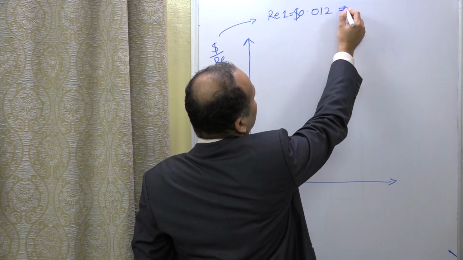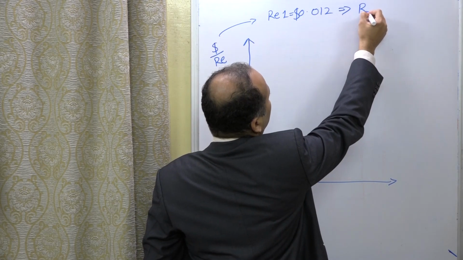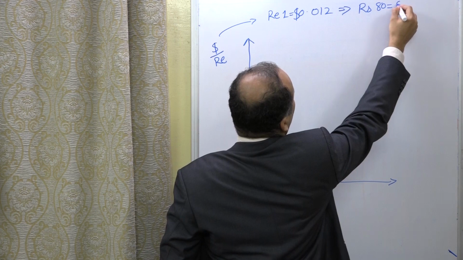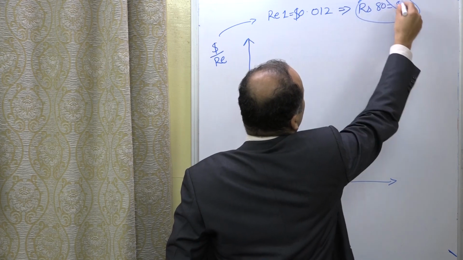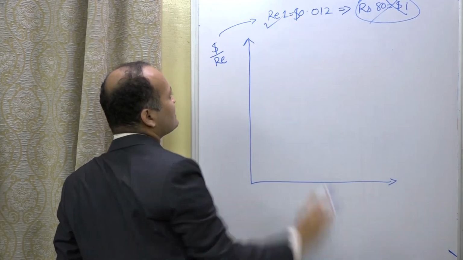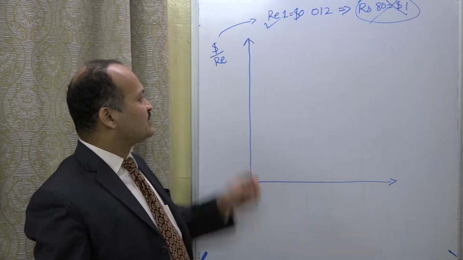This alternatively implies that I needed rupees 80 to get $1, so I am not using this representation. I am using this form of expressing the exchange rate.